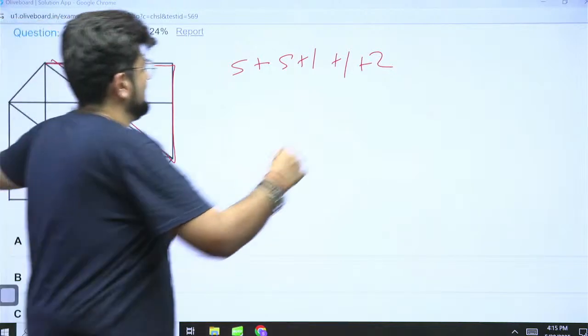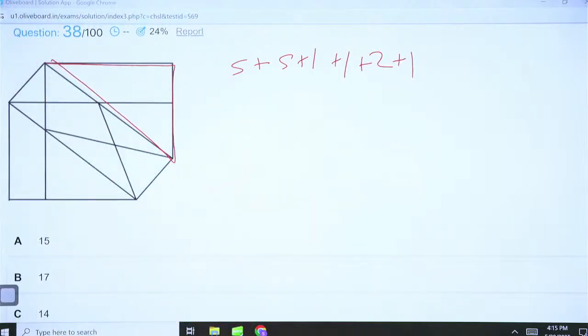We are missing out on 1 more triangle, I think. 15. This one we already counted. This is one which we did not count, and there's one more which you're clearly missing out on.